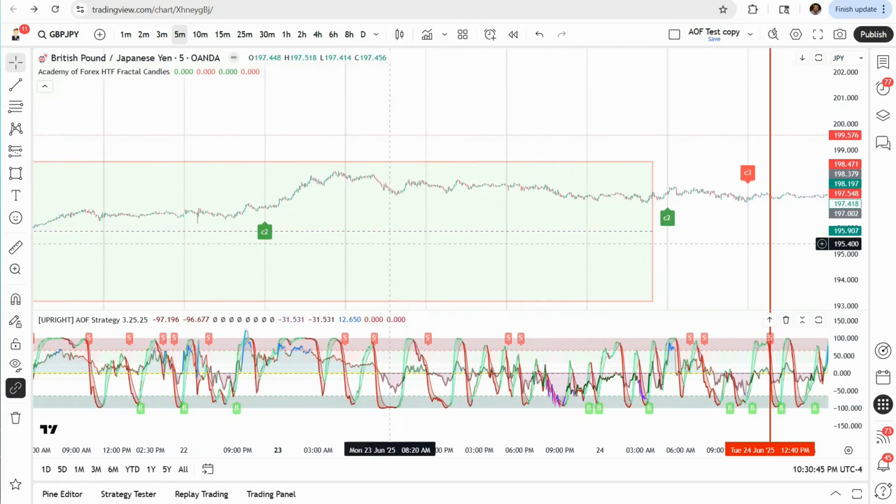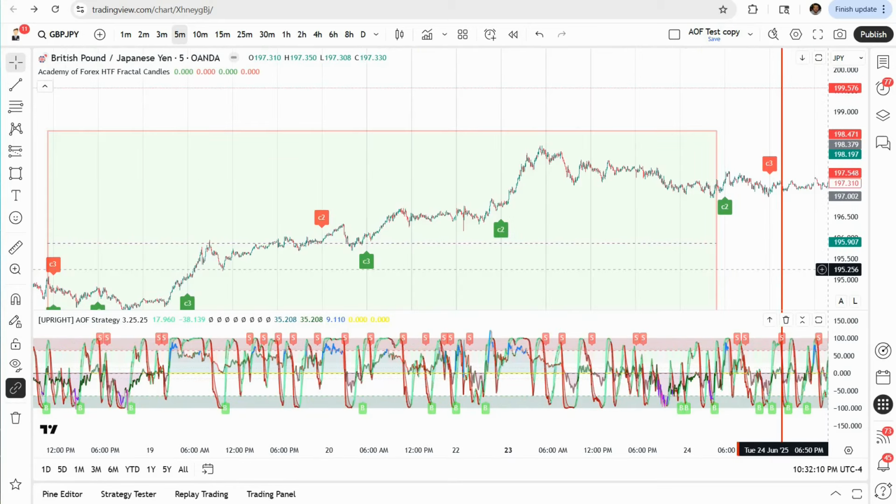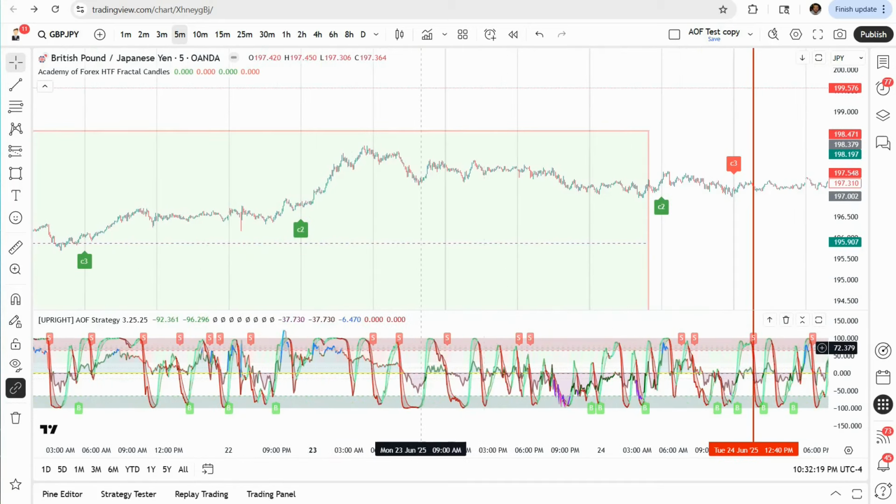Now again, you're going to filter out some good ones with the bad ones, but the idea is to filter out way more of the bad trades and keep yourself protected and shielded from the market moving against you versus the good trades that you are accumulating along the way. And that is how you use two indicators together to filter each other out and lend more credibility to each other.